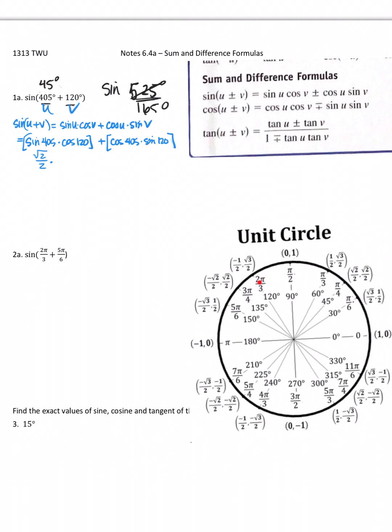Well, where's 120? Right here. What's the cosine? It's negative 1/2. Plus, and then let's do this over here. The cosine of 405, which is the same as 45, so it's square root of 2 over 2, times the sine of 120. Where's my sine? It's the y, square root of 3 over 2.